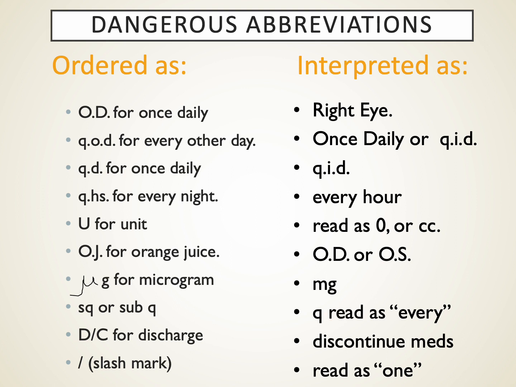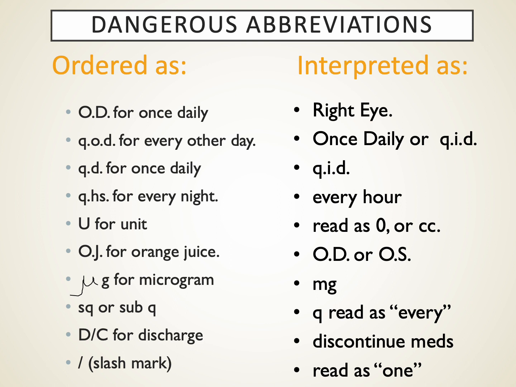There are a number of abbreviations that are dangerous to use, particularly because they can be confused for other interpretations. We try to avoid certain abbreviations, QD, QOD, OD, which are old Latin terms that have been historically used. We avoid using the abbreviation U for units because it can be read as a zero.